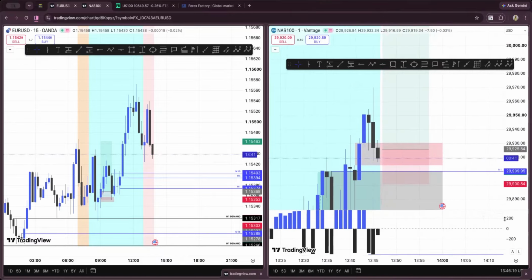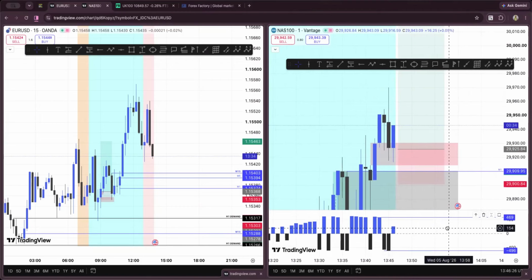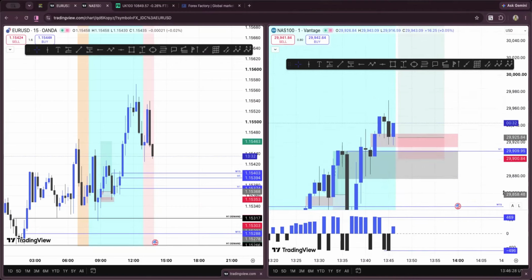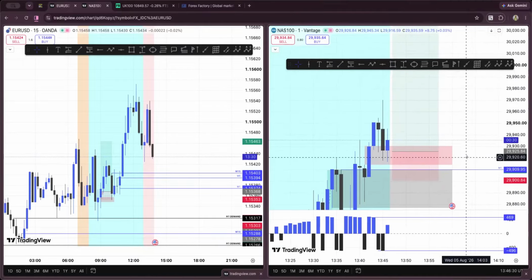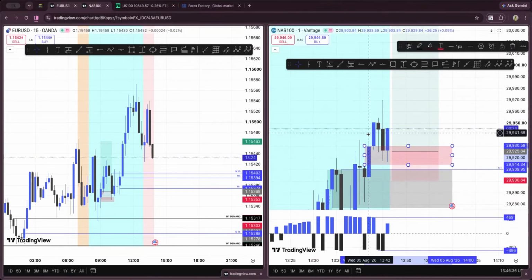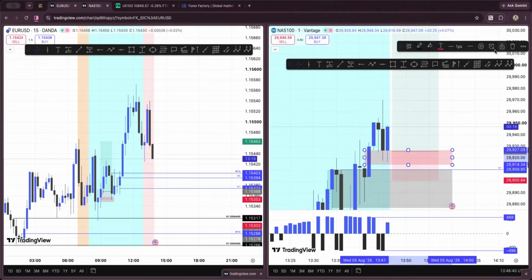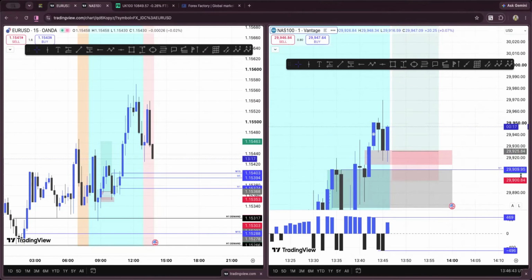Maybe this candlestick can be it. Come on, come on.